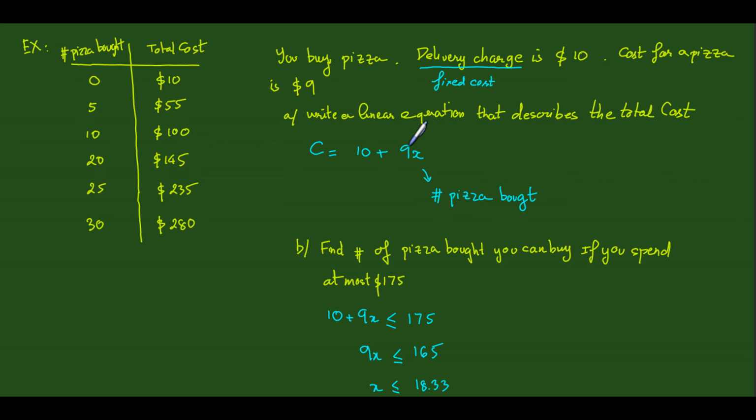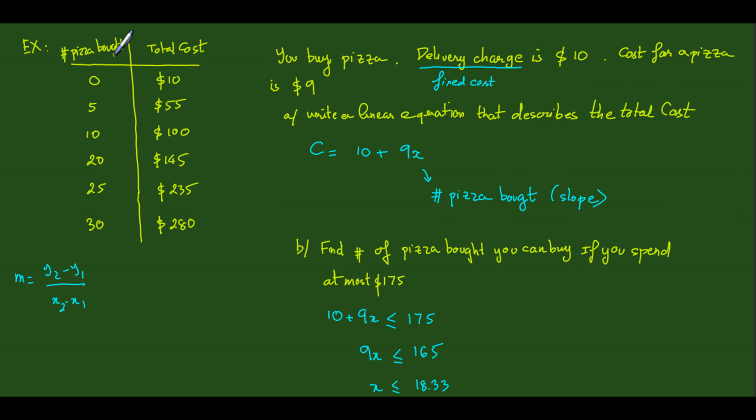So this number 9 over here, attached to x, is the slope, right? So what if they don't say that the cost for each pizza is $9, and they just give you this table right here? All you have to do is use the slope formula. In order to find 9, you just use the slope formula. So m will be y2 minus y1 over x2 minus x1, and you already determine which one is y and which one is x.